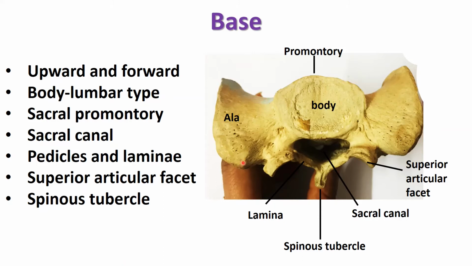The base of the lateral mass, this is the base of the lateral mass, is spreading fan-wise. Here you can see it spreading like a fan from the side of the body, and this fan-shaped structure is the ala of the sacrum.